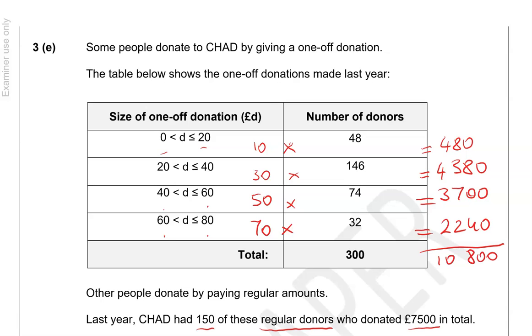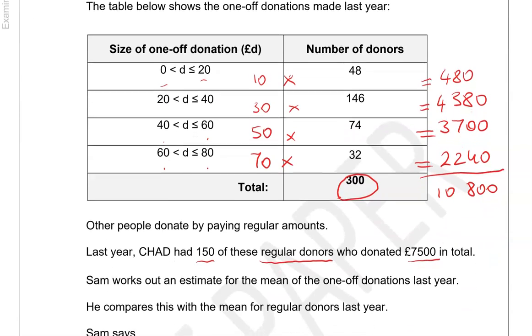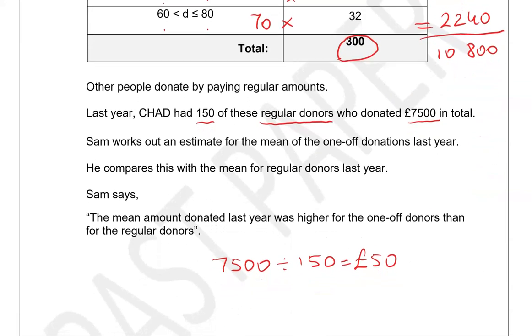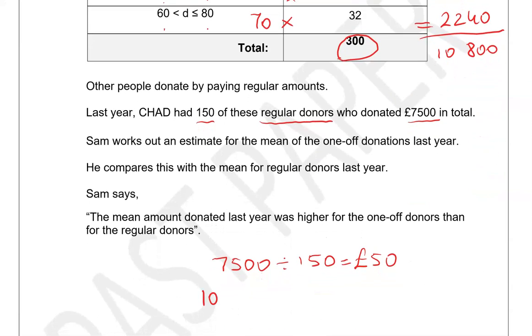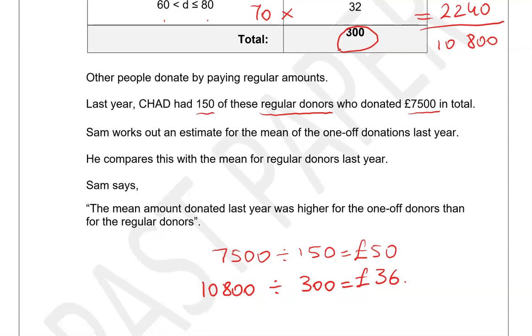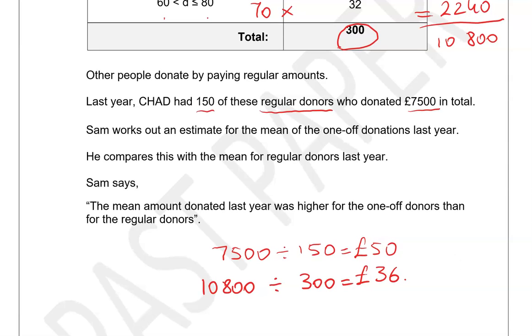10,800. So dividing that by the frequency, which is the total number of donors in this case, that is 300. So 10,800 divided by 300 gives us £36 on average. So these are the regular donors and these are the one-off ones.